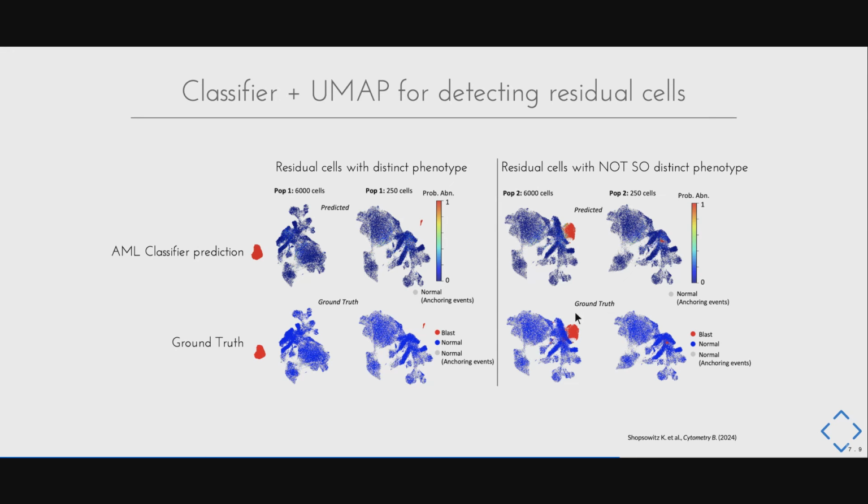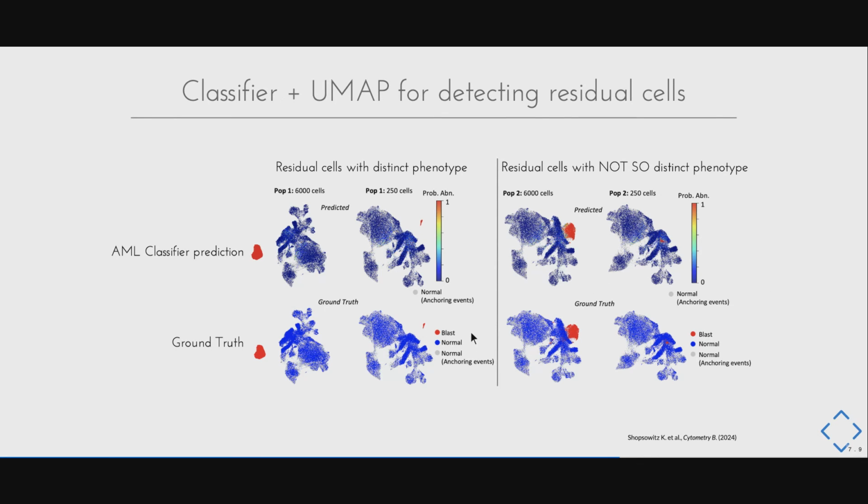But despite this, the single cell classifier remains very accurate. You can see those cells are labeled as red. It performed very well even in this very challenging condition.